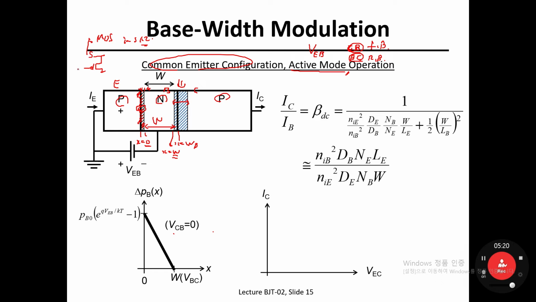Yeah, the source-gate voltage VSG should be positive, and the source-drain voltage VSD should be positive, and definitely VSD should be higher than VSG minus VTH of PMOS, right? So this is the biasing condition for saturation mode for PMOS.